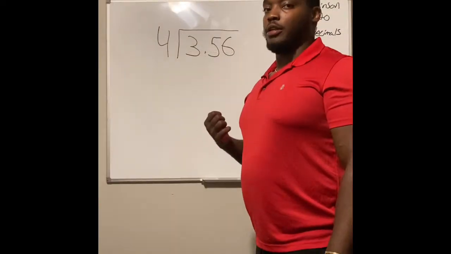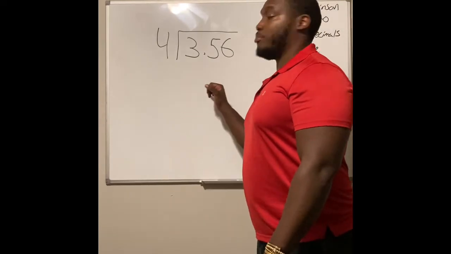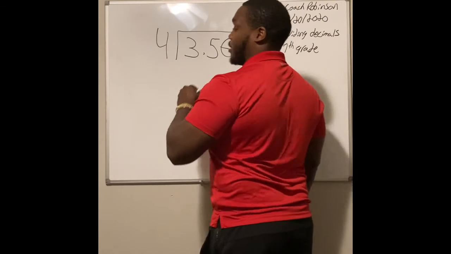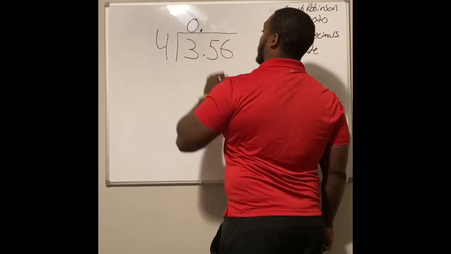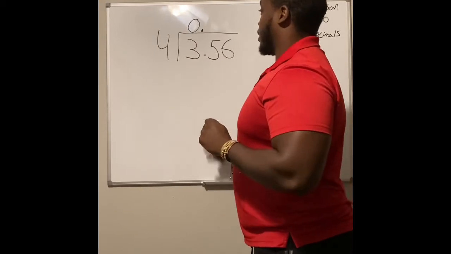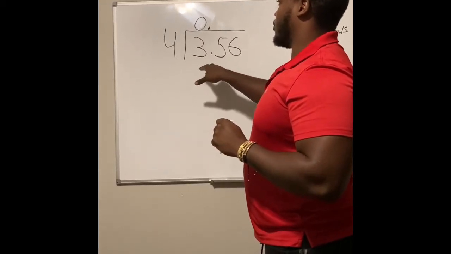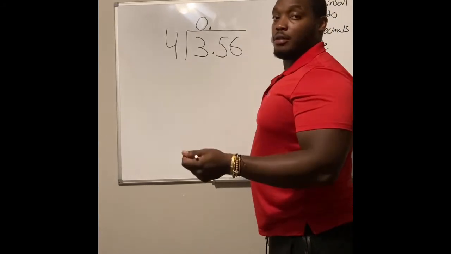So now I'm going to give y'all another example. So 4 divided into 3.56. We know 4 cannot be divided into 3, so therefore 0 goes up here. And you want to add your decimal. Now 4 can go into the number 35. So 4 times 8 is 32.